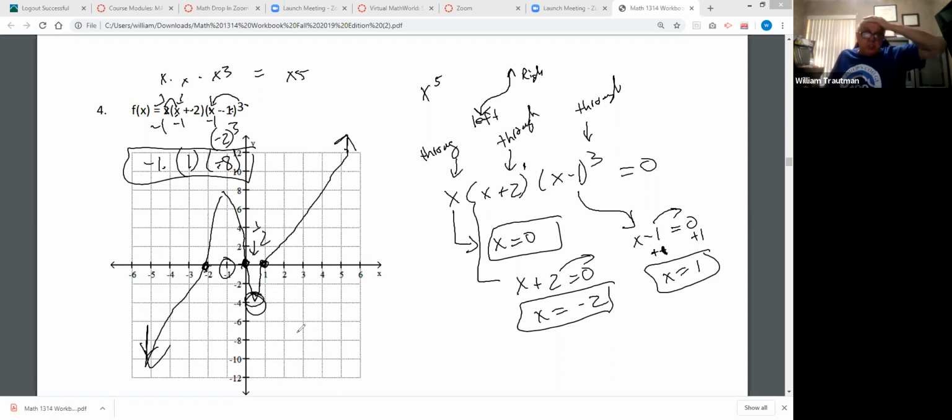You find the x-intercepts, you find the end behavior, you draw that end behavior, you draw the x-intercepts, and then you just have to decide, are you going through it? All three of these we're going through because they all have a power of 1 or 3. They're all odd powers, so they're going to go through it. If it was an even power, it would bounce off of it.